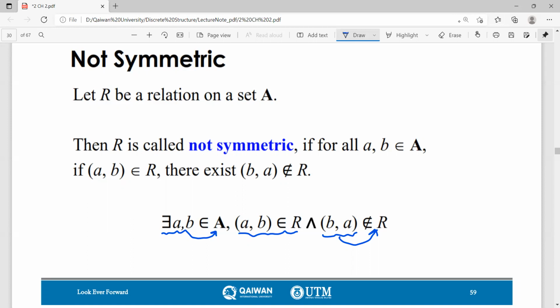It's not symmetric if there exist (A,B) such that (A,B) is in R, but (B,A) is not in R.